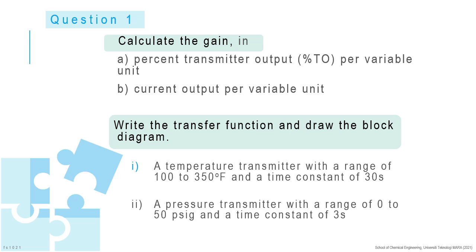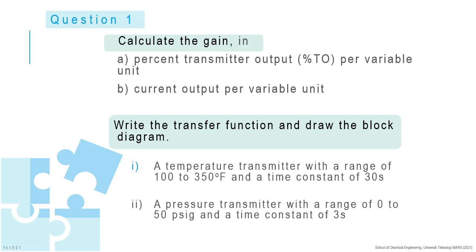And then you need to write the transfer function and draw the block diagram. So refresh back to the transfer function calculation. For the transfer function of the sensor transmitter combination, you need to relate the output, which is the electric signal or percent transmitter signal from the transmitter, divided by the input, which is the measured process variable.